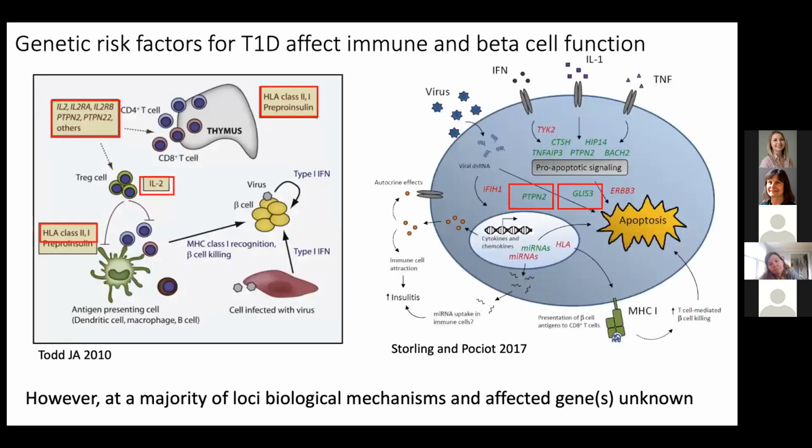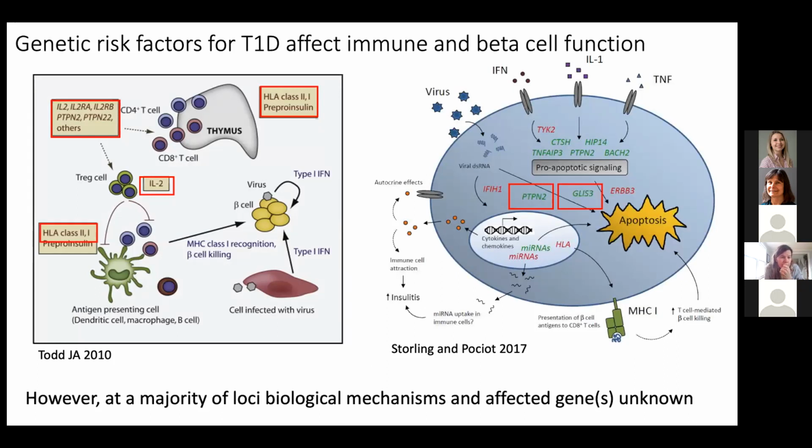So, risk factors for type 1 diabetes, again, Suna touched on this, largely affect immune cell function, particularly genes that have been known for quite a long time in type 1 diabetes. Many of those affect immune cells, T cells in particular, but also, I guess, probably thymus function and also antigen presenting cells.